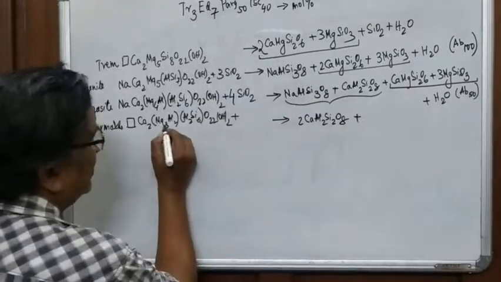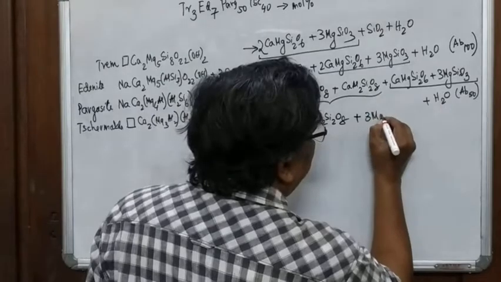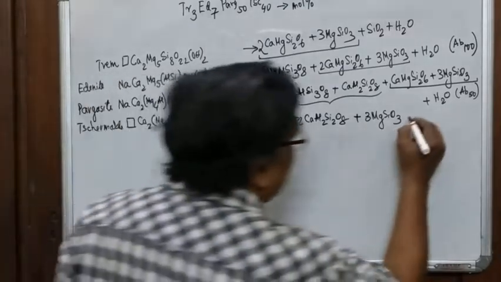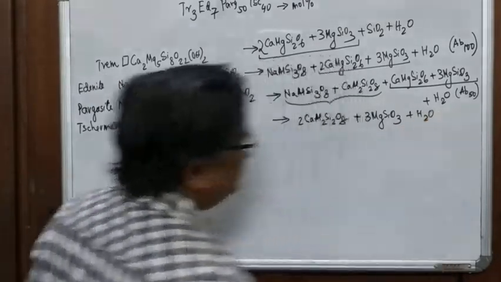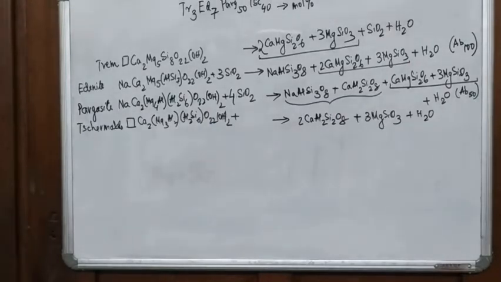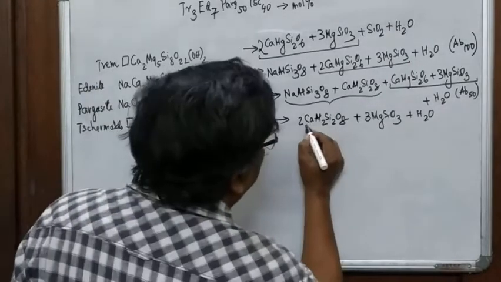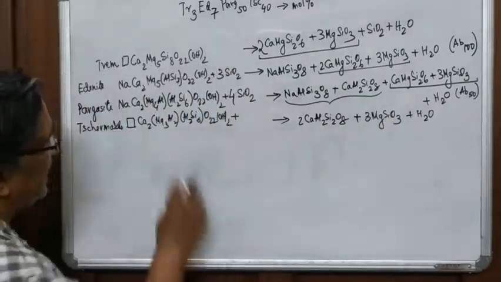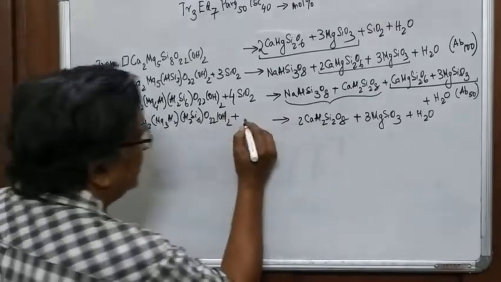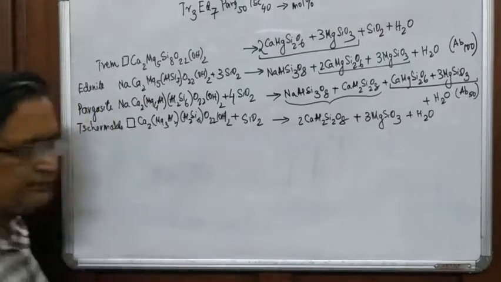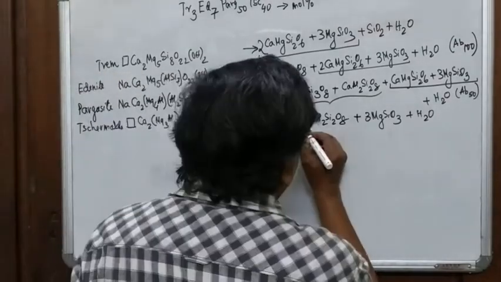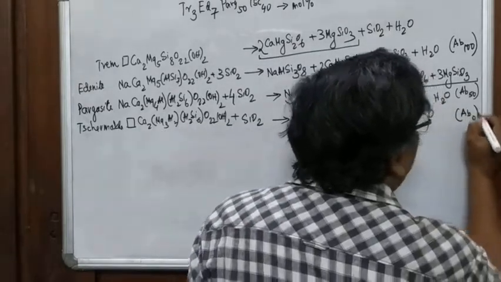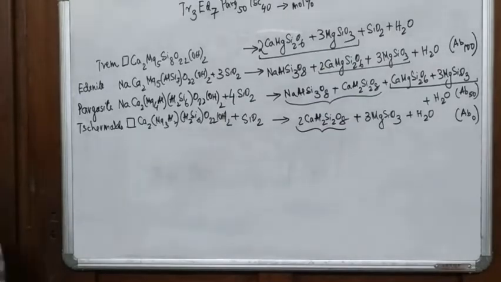So the rest of it has to go as 3MgSiO3. So now we have plus H2O. So if we look at this, then we have silicon. It is 2 into 2, 4 silicon, plus 3 silicon, 7 silicon, and here you have 6 silicon, so it should be plus SiO2. But this now has created a problem. So you have an anorthite, so this is albite 0 now, because you have produced a pure anorthite.